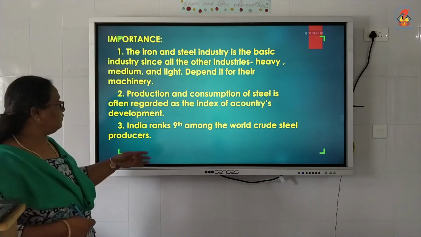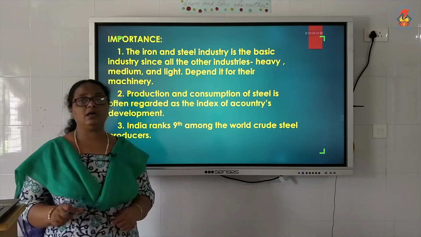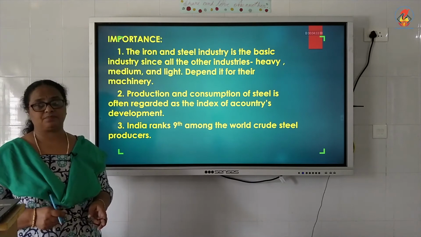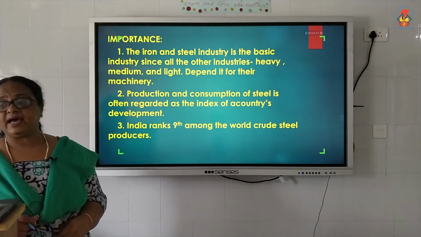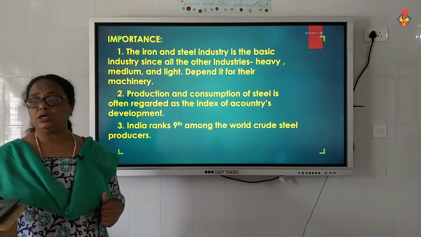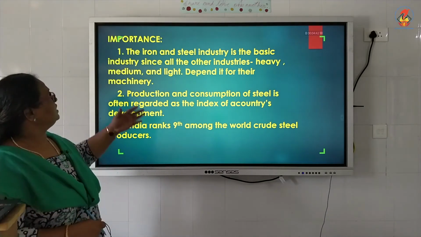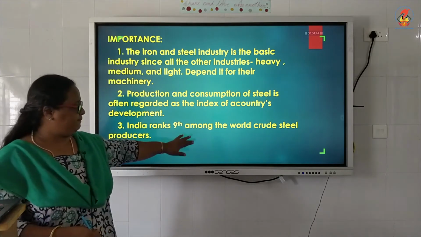India ranks 9th among the world crude steel producers. So this is with regard to its importance.